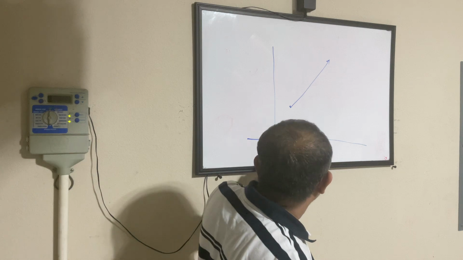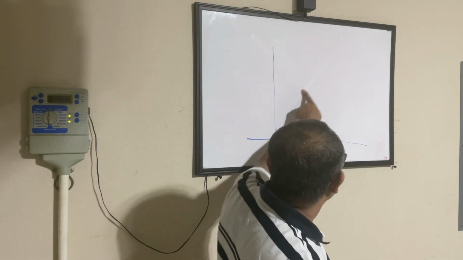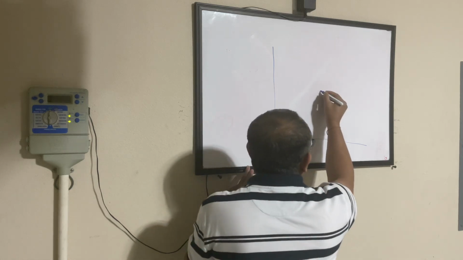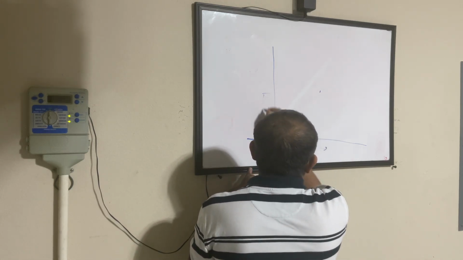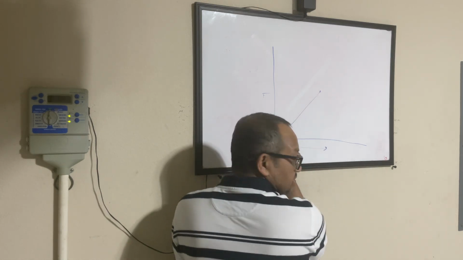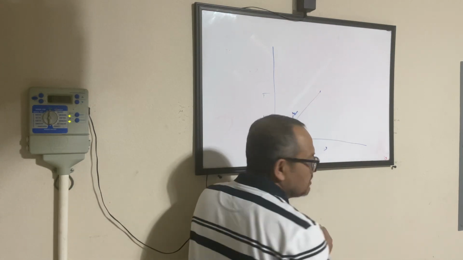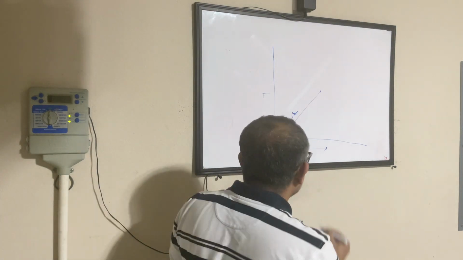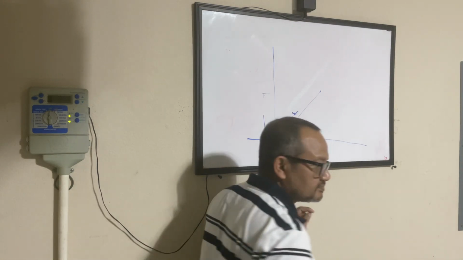If you look at polar coordinates, let's say I'm talking about this point. Instead of saying x and y, I will locate this point as how far it is from the origin, let's say I'm calling it a radius, and then what is the angle that it makes with the x-axis.